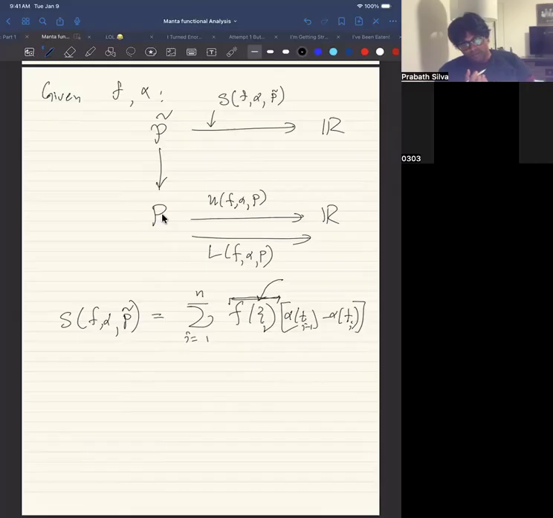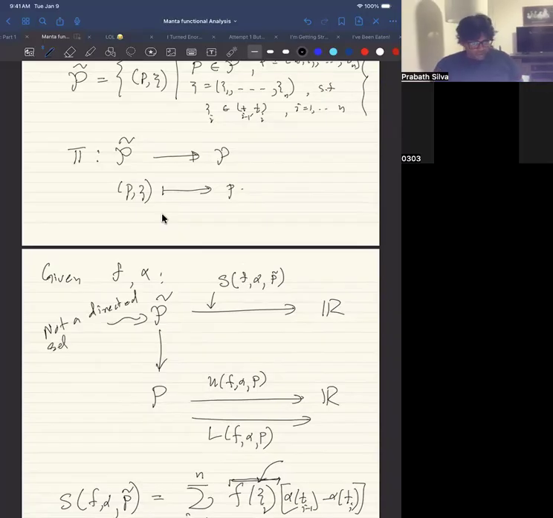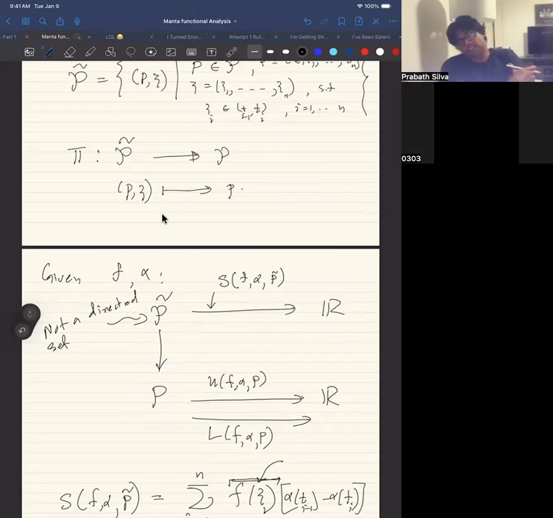One little thing is that P tilde is not a partial order. Sorry, P tilde is not a directed set. It is tempting to define the ordering inside P tilde by just using the one for P, but then it's not going to have the property that if alpha is less than or equal to beta and beta is less than or equal to alpha, then alpha equals beta.